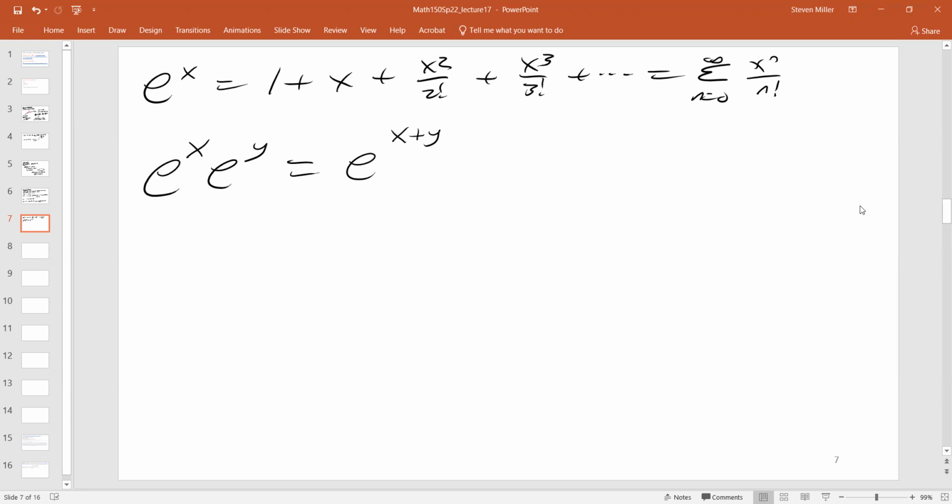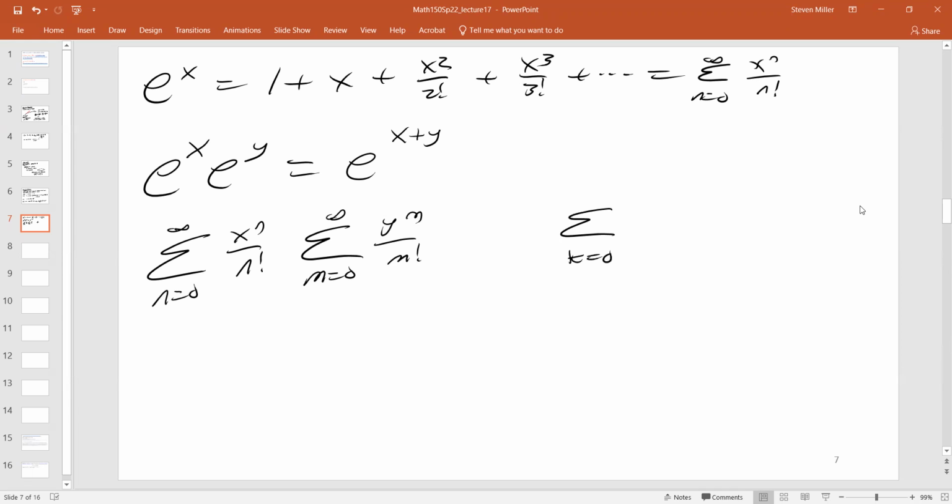What is e to the x? E to the x is the sum, n goes from 0 to infinity, of x to the n over n factorial. E to the y is the sum, m goes from 0 to infinity, of y to the m over m factorial. And let's say e to the x plus y is the sum, k goes from 0 to infinity, of x plus y to the k over k factorial.